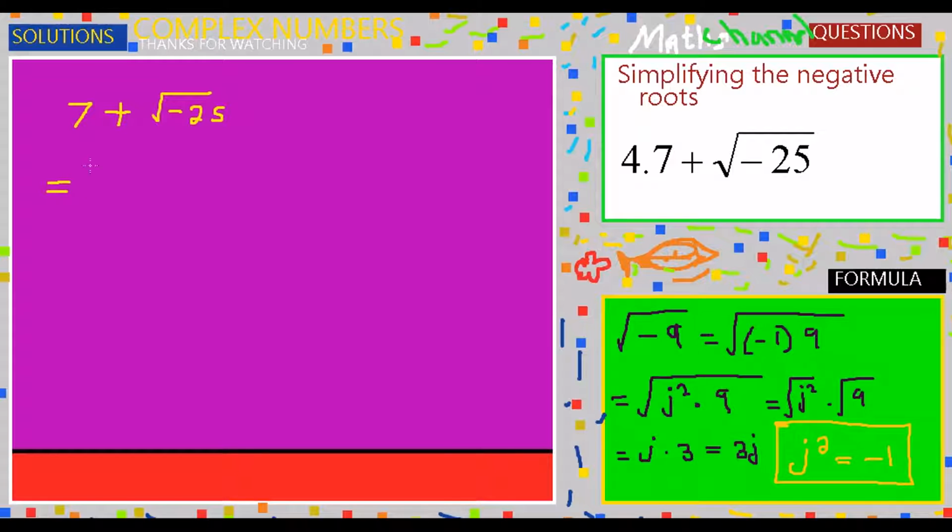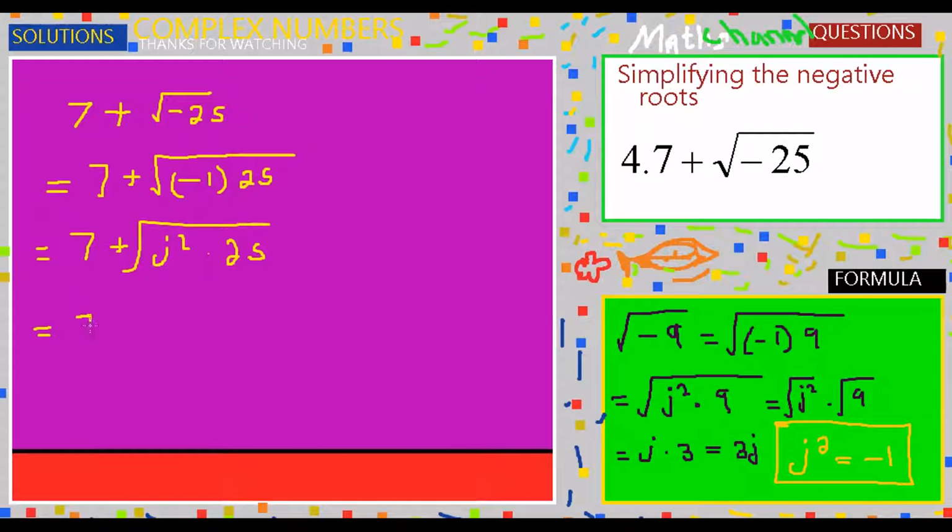Changing this one, you have 7 plus the square root of, taking the negative 1 as a common factor to the 25. Changing the negative 1, you have j square, because negative 1 is j square.